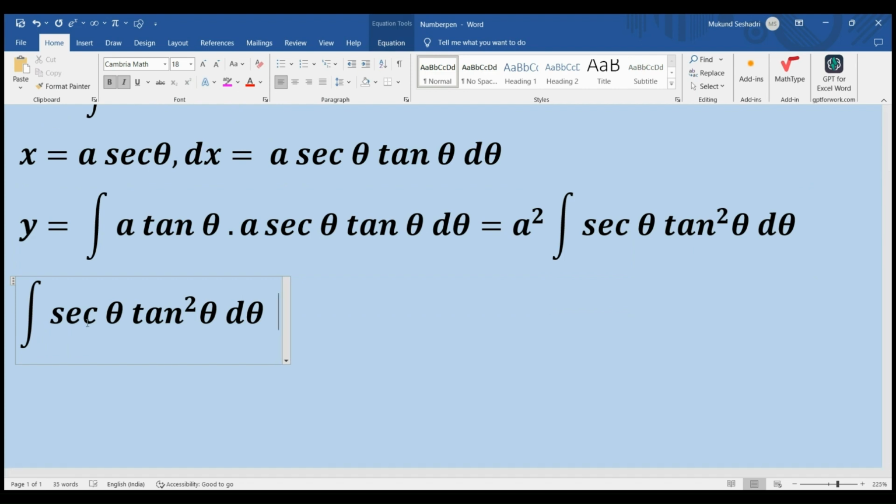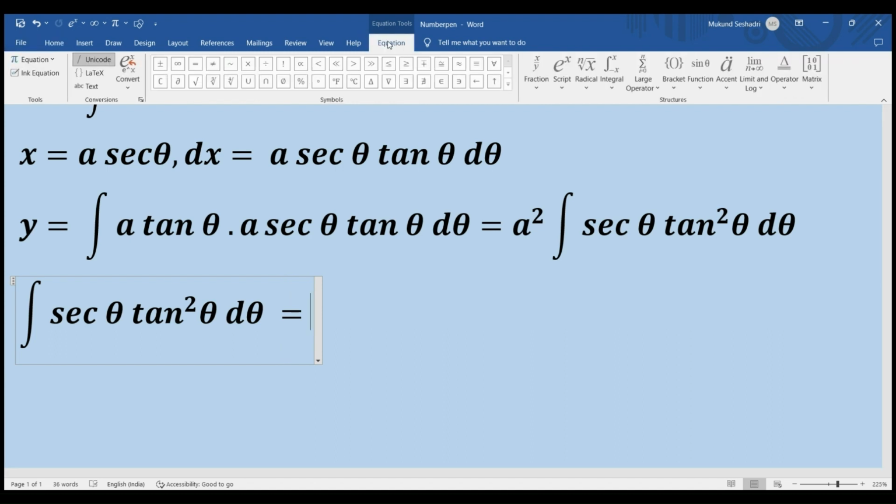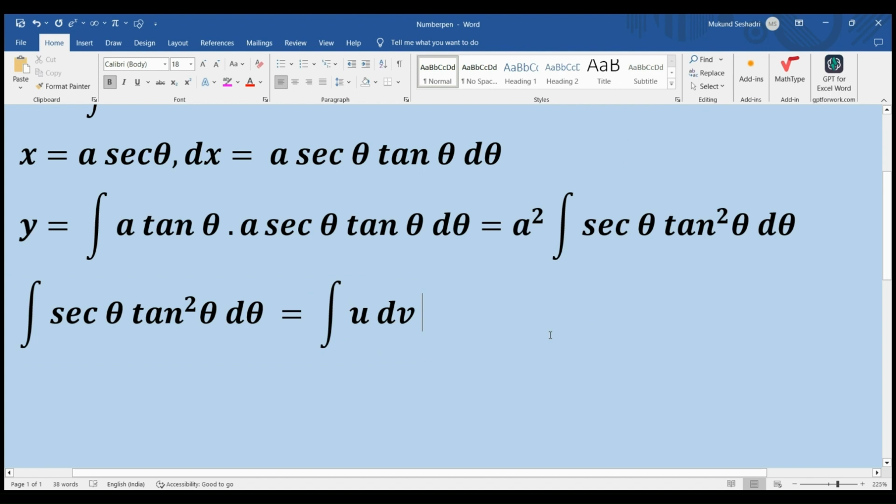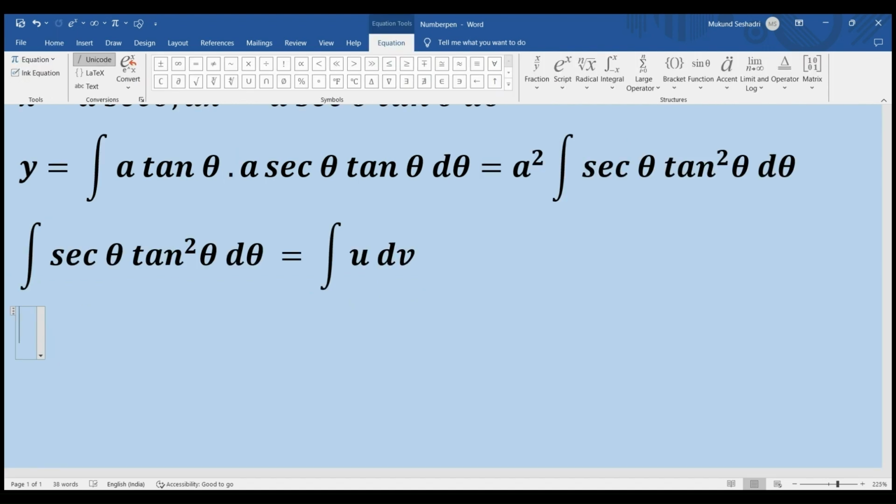So the job in hand is to solve for integral of secant theta tan square theta d theta, right? So how do we go about solving this? So if I assume my integral of secant theta tan square theta d theta is of the form integral of u dv, right? Can we solve this using integration by parts? So if I express my integral of secant theta tan square theta d theta, if I draw a parallel to integral of u dv, what is the right u and v in this particular expression, right?